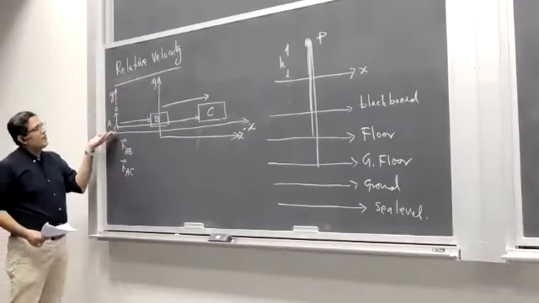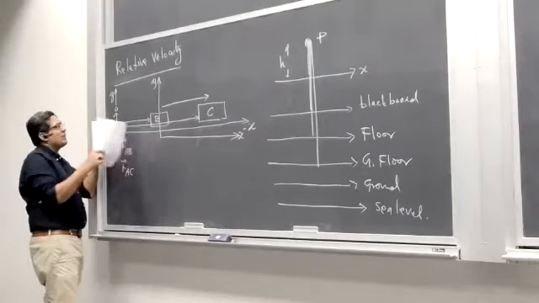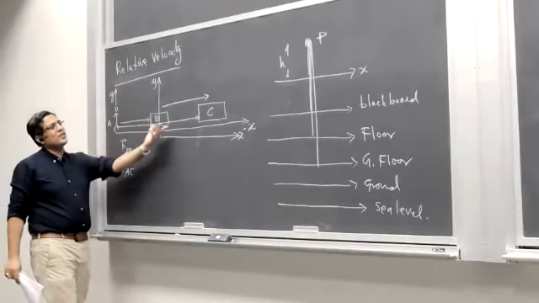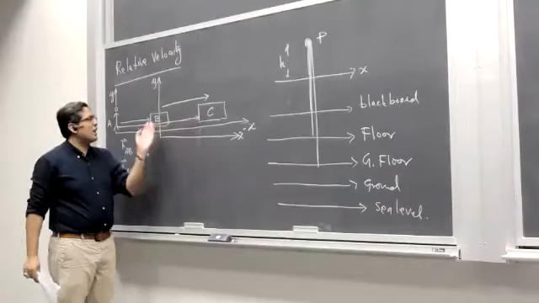Let's say the car C is 200 meters away from us and car B is 50 meters away from us, so then this distance is 150 meters. That would be the position of car C relative to B.